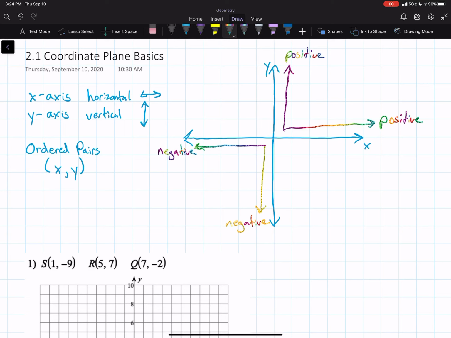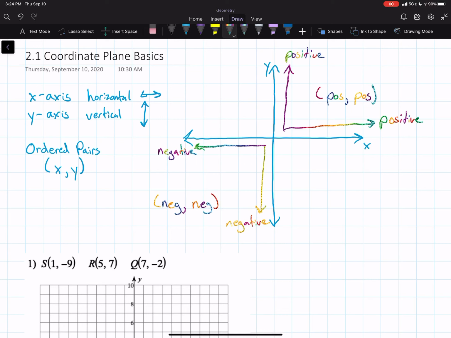So ordered pairs in the upper right hand quadrant are going to be positive, positive. Ordered pairs in the bottom left, where you are left and down, those are going to be negative, comma, negative numbers. And then the other ones are going to be combinations.